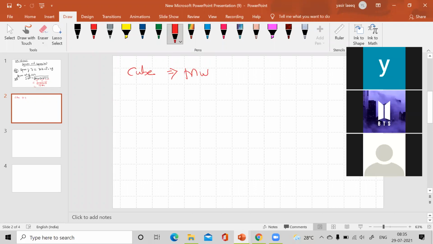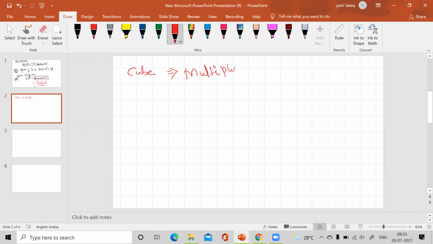Multiply the given number 3 times. Listen. For example, if you want to find the cube, you have to multiply the given number 3 times.